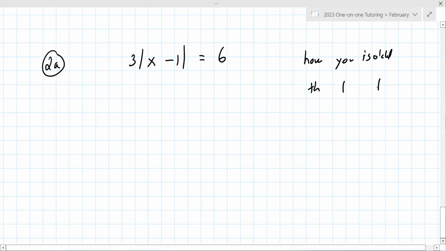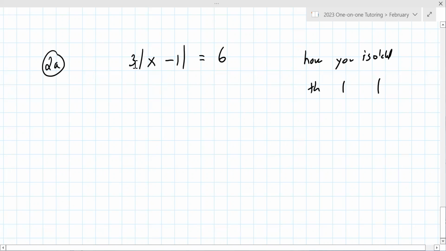Okay, so let's look at some absolute value problems. All right, so let's say it's 3 absolute value x minus 1 equals 6. Okay, and the question for you is, have you isolated the absolute value? Like, is there just an absolute value on one side of the equation?